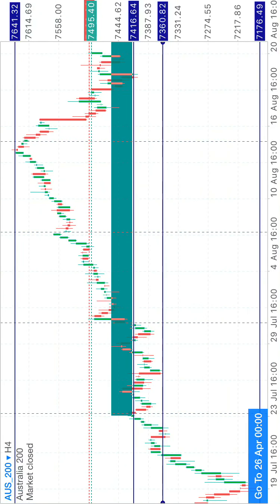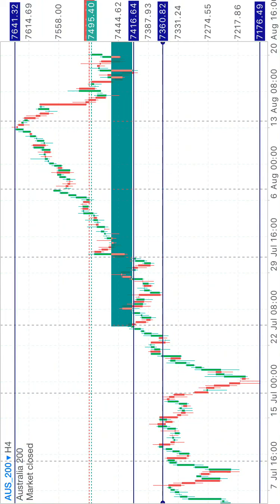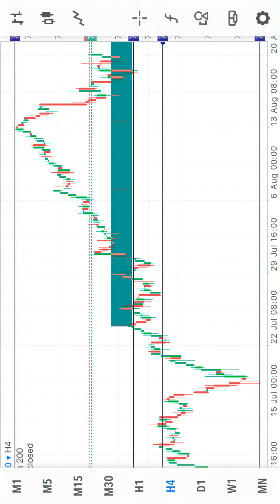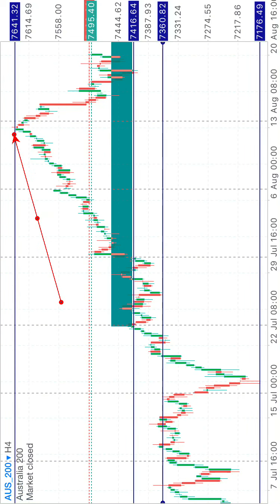On an H4 time frame, it was still on an uptrend. And then now, if you can check on an H4 time frame, from here, which is 7641.32, up until where?